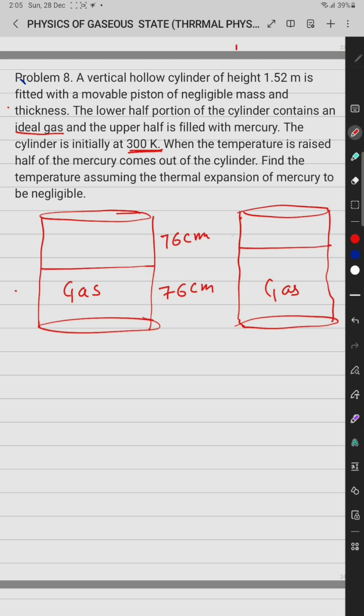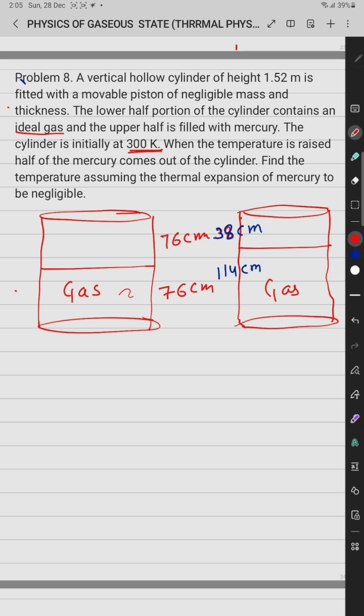So the remaining mercury is only 38, and the height of the gas is 76 into 2, 152, subtract, it is 114 centimeter, and the level of the mercury is only 38 centimeter.